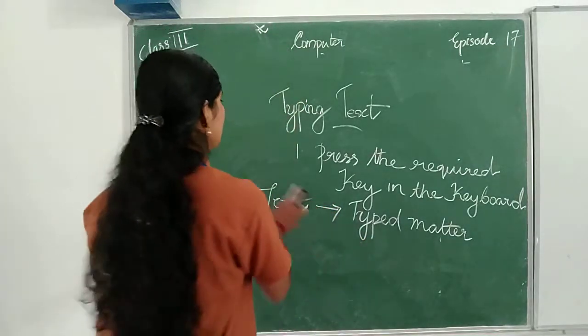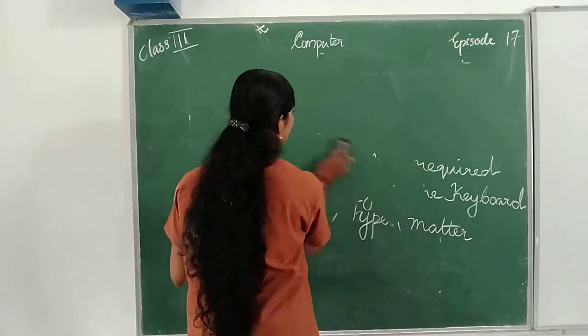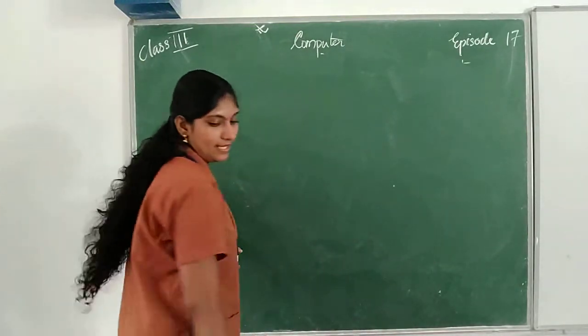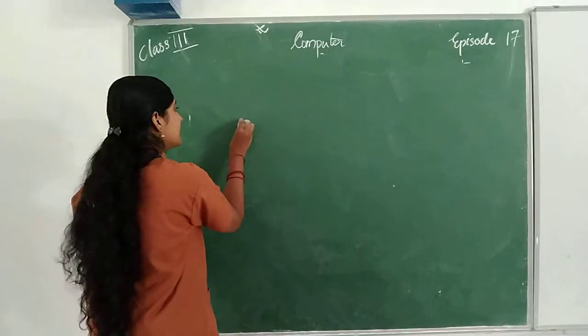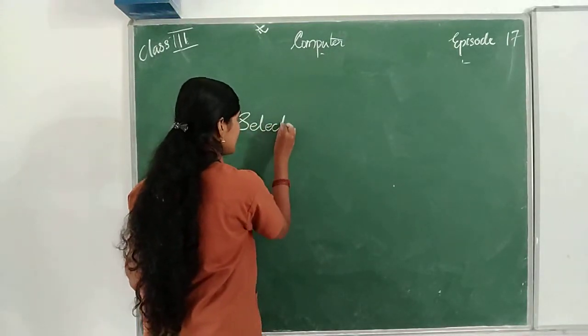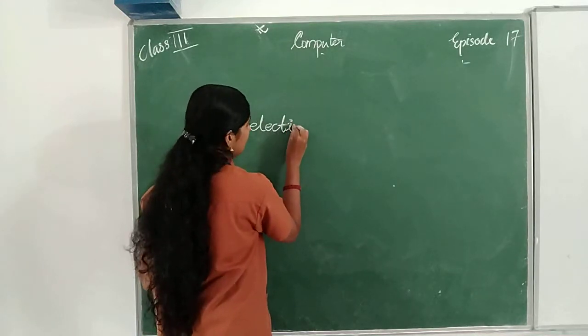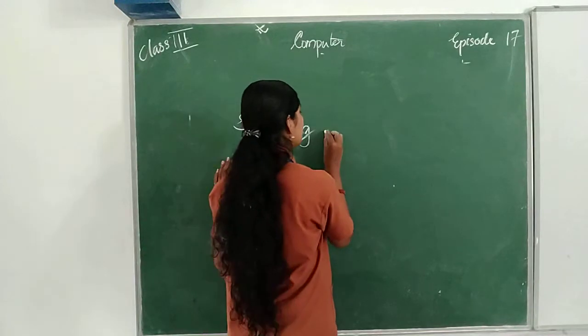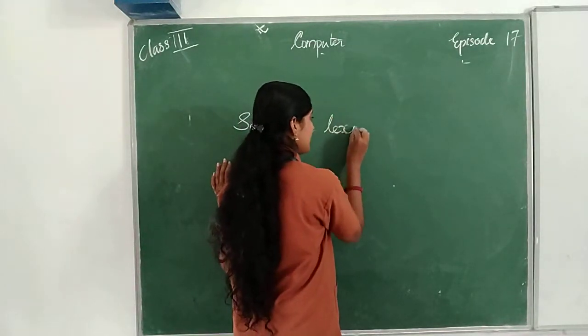So next is selecting text. The definition: selecting text means S-E-L-E-C-T-I-N-G, selecting. Text, T-E-X-T.